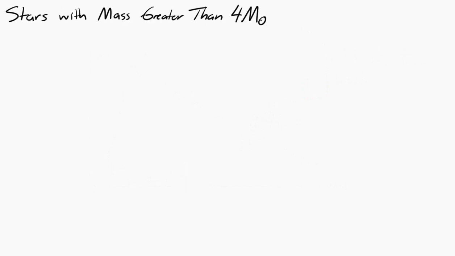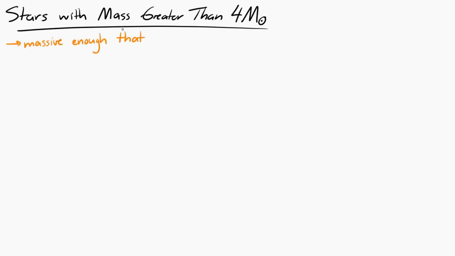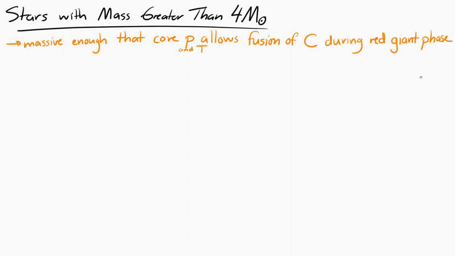Now, for stars with masses more than 4 times the mass of the sun, more than 4 solar masses, these stars are massive enough that the story is similar up until the point when you have carbon in the core. At that point, these stars are massive enough that the core pressure and temperature can fuse carbon. And it can fuse carbon into oxygen and then nitrogen, all the way up to heavier elements like nickel and iron.